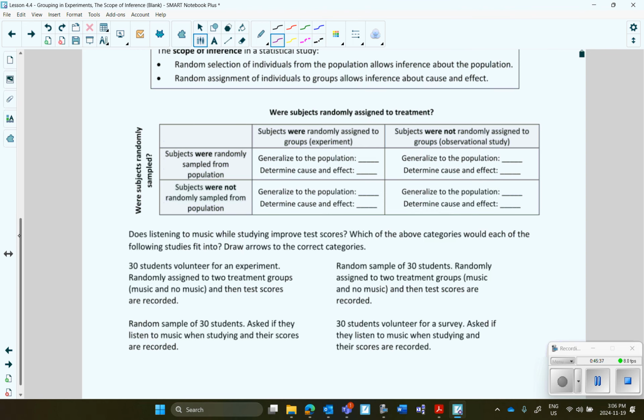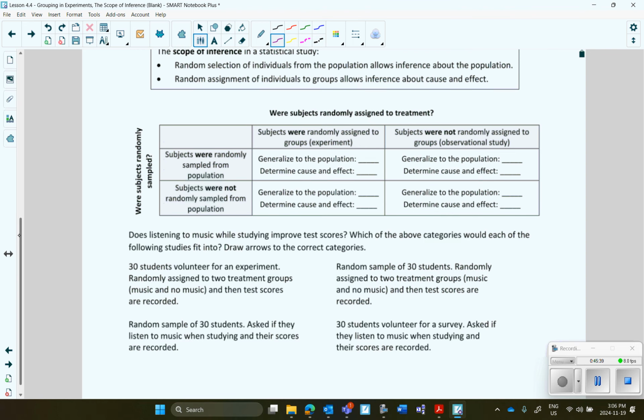So here, you see there's four situations. Subjects were randomly sampled from a population, randomly assigned to groups. That's the idea. That means yes for both. I can make a conclusion about cause and effect, and I can make a conclusion that applies to that population.